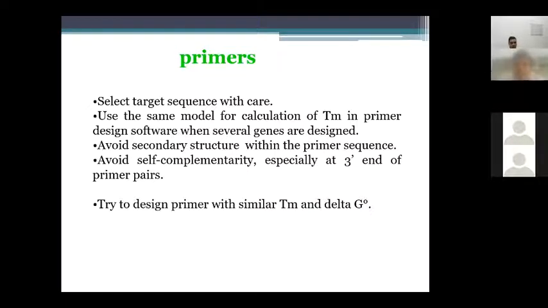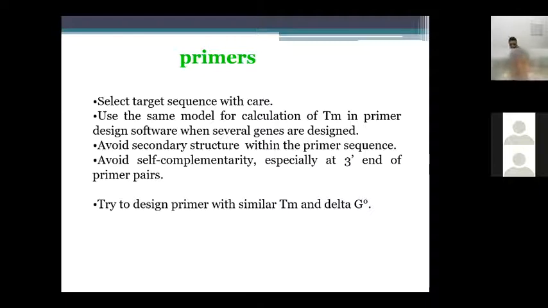A similar temperature is helpful. It helps in preventing differences between the cycles. Because if you design a primer where the target gene has a separate TM and the reference has a separate TM, then ultimately there is cycle variation, or intercycle variation, which hampers your result. So always design in such a way that all the primers' TM is similar in your experiment.